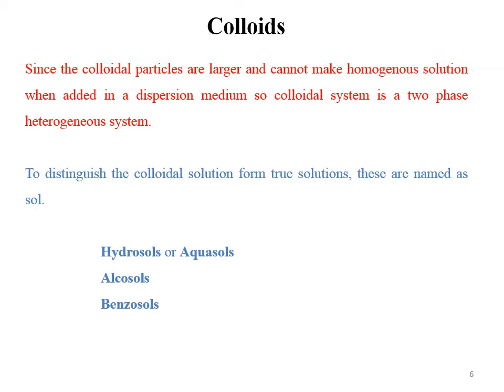For example, a sol or a colloidal system in which water is used as a dispersion medium is named as hydrosol or aquasol. Similarly, if the dispersion medium is any alcohol, then the sol is named as alcosol, and if the dispersion medium is benzene, then the sol is named as benzosol.